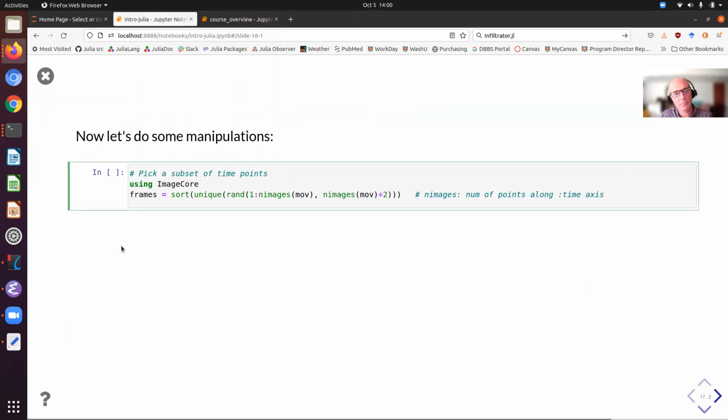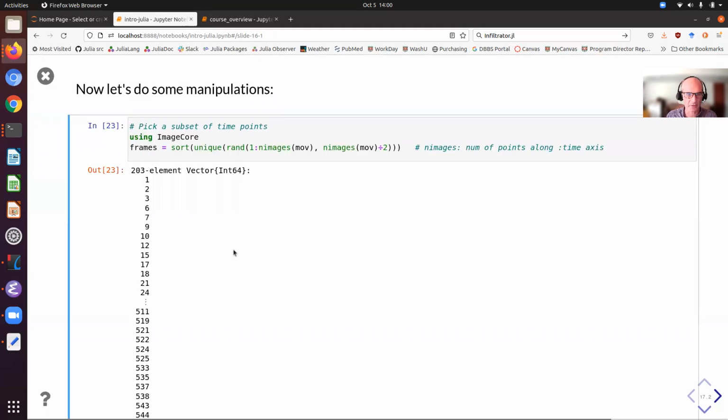Okay, so now I'm going to do some manipulations. If you're doing an experiment, often there are key moments in time, and these may not be equally spaced apart from one another. It may not be every third frame. It may be a cluster of frames here, followed by a gap, followed by a cluster of frames here, followed by a gap. And what we're going to do is pull out a subset of them. I'm going to mimic this by just pulling out a random subset of frames. So here's a set of random numbers.